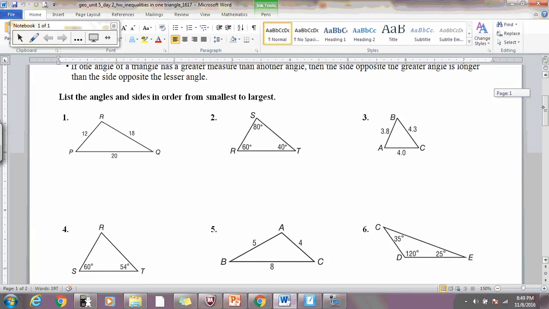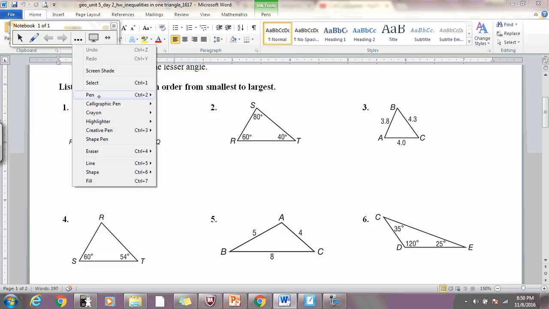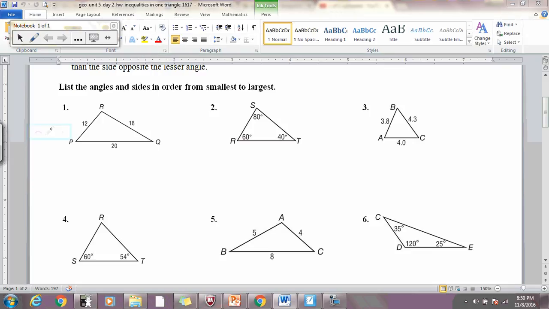So for this first section, it wants us to list the angles and sides in order from smallest to largest. So let's start with the angles. Again, we're going from smallest to largest. So the shortest side is side PR.